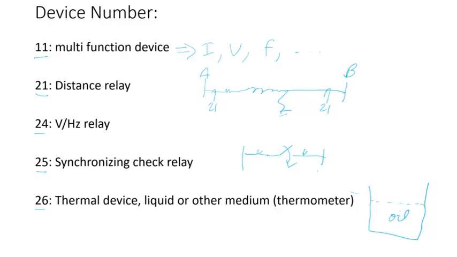You will have a thermometer somewhere here attached to the tank wall, because as the oil temperature rises, the oil will go up, and this device here, the thermometer, will indicate that.